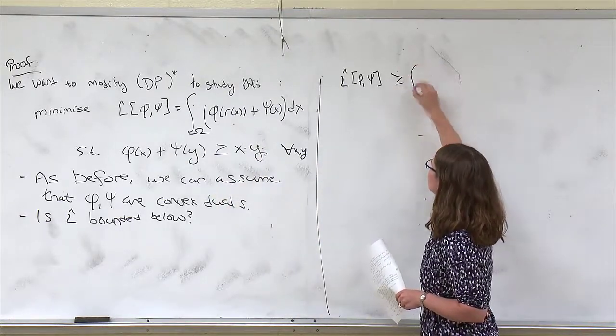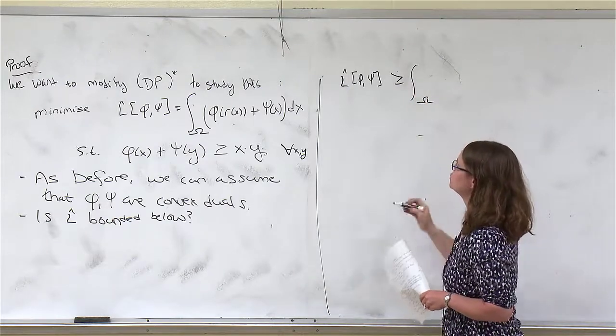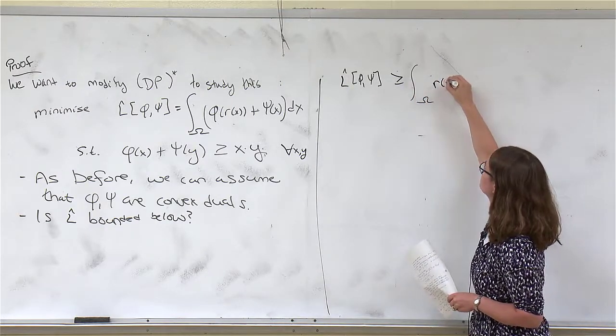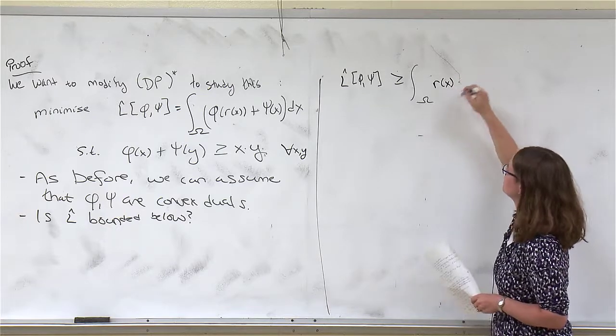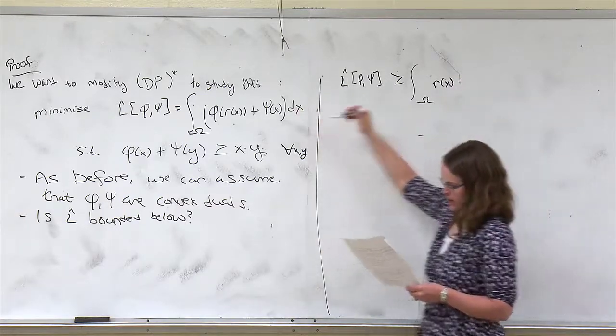So right away I can say this is going to be greater than or equal to, now instead of x I have an r of x, dotted with, now another x.